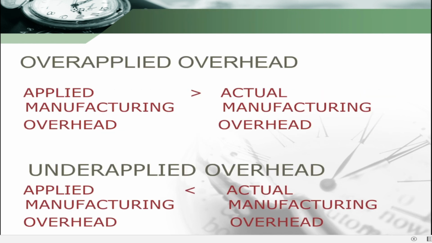If applied manufacturing overhead is bigger than actual manufacturing overhead, the difference we identify as over applied overhead. If applied manufacturing overhead is smaller than actual manufacturing overhead, the difference we call under applied manufacturing overhead.